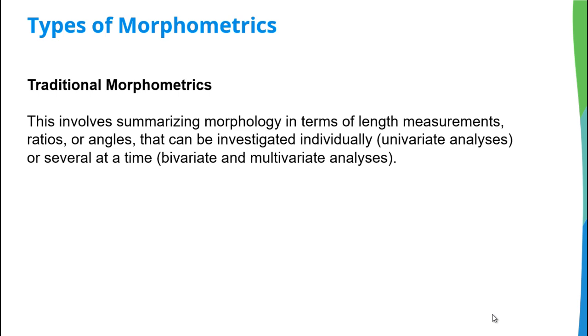When you investigate measurements individually, that is univariate. But when you bring them together, you have bivariate or multivariate. Bivariate means only two, and multivariate means many.